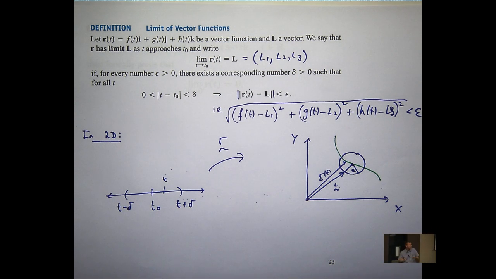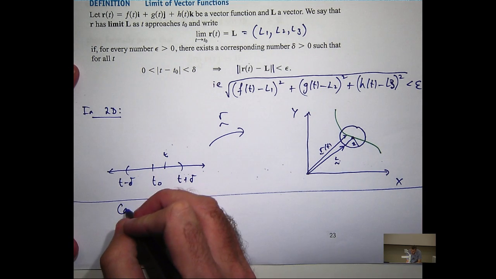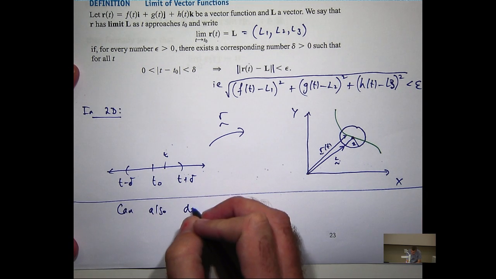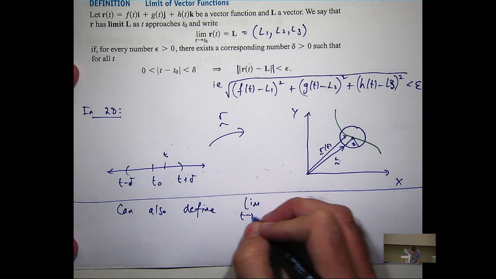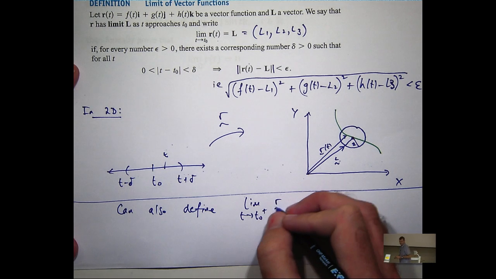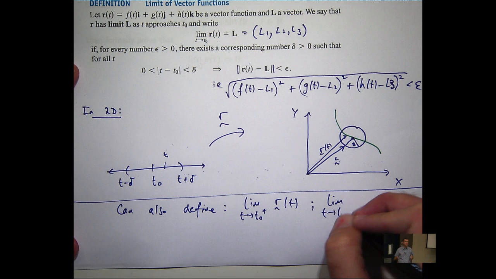Now, it'll take you a little while to get used to that definition, and mostly we're interested in just computing limits rather than getting wound up with epsilons and deltas and things like this. You can also talk about left-handed and right-handed limits. So when t approaches, say, t0 from the right, and when t approaches t0 from the left.